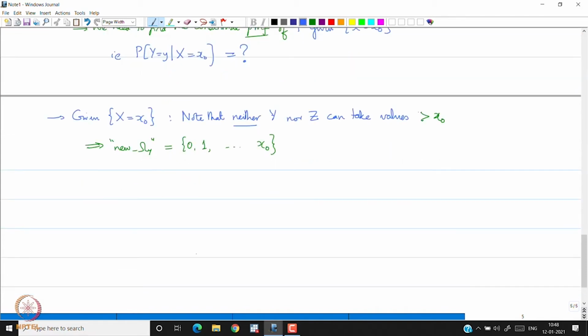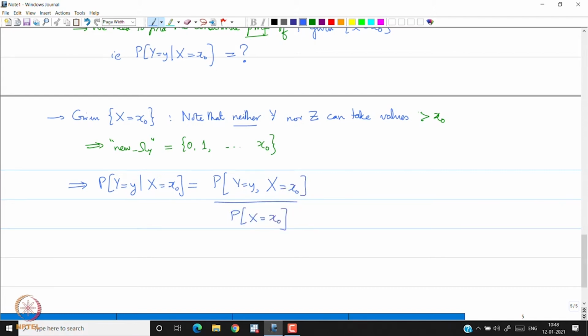So let us go through the calculation. This probability that Y equals small y given that X equals x naught is basically the probability that Y equals small y and X equals x naught, divided by the probability that X equals x naught.